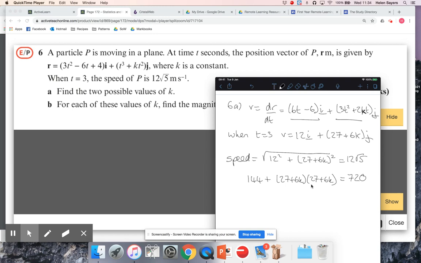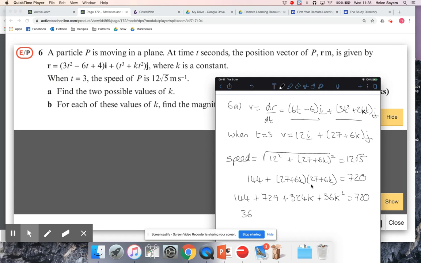So let's multiply out those brackets. I've got 27 times 27, 6k times 27, and another 6k times 27, and then 6k times 6k. As we said, we're going to end up with a quadratic in k.